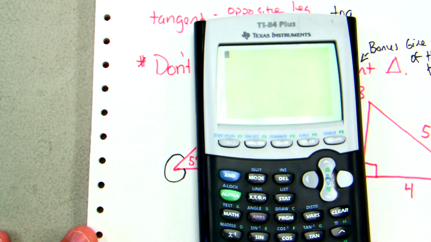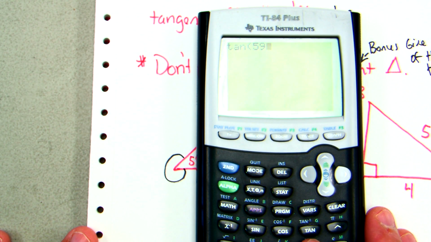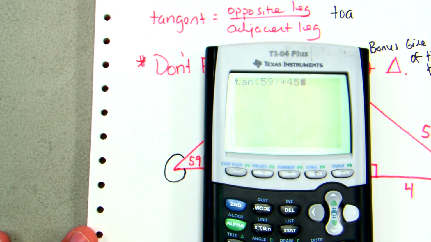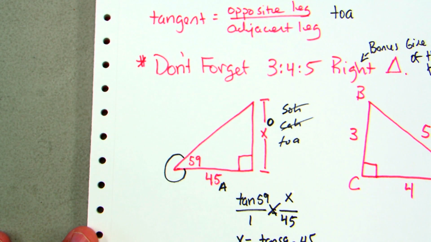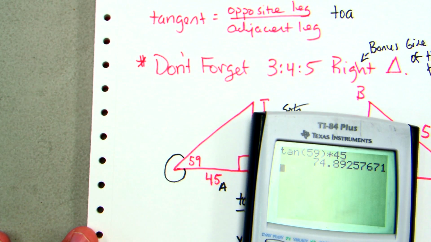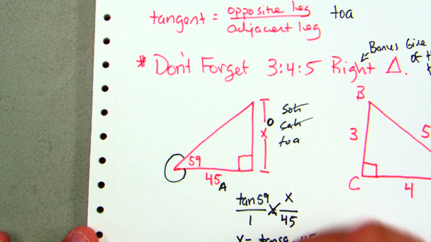So it says tangent 59. So I'll just simply say tangent 59. I'm going to close my parentheses so that I can go ahead and put times 45, enter, and I get 74.9. So that's the side length, not degrees. It'll be actually 74.9 is equal to my x.